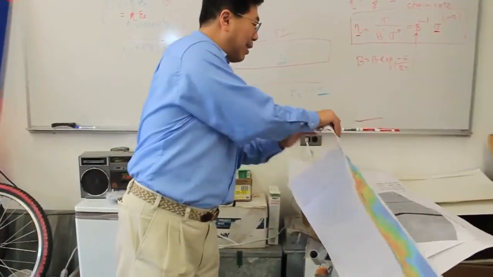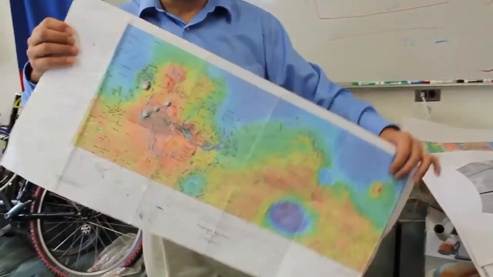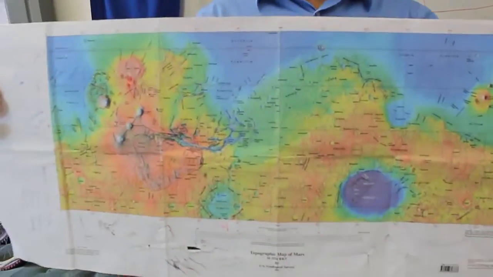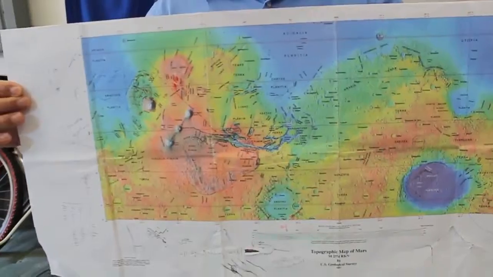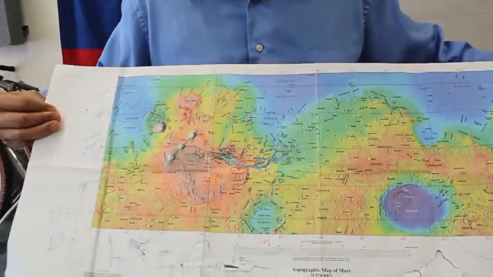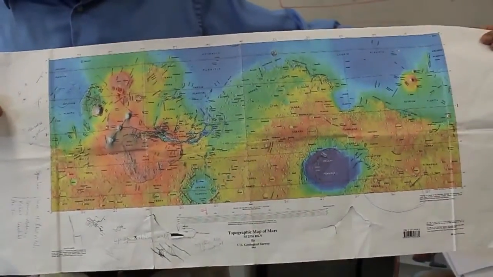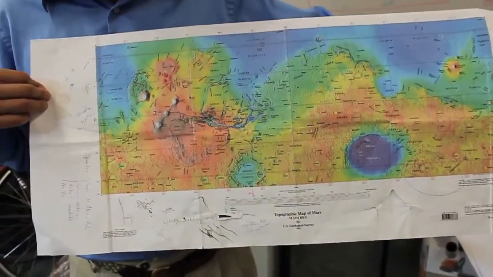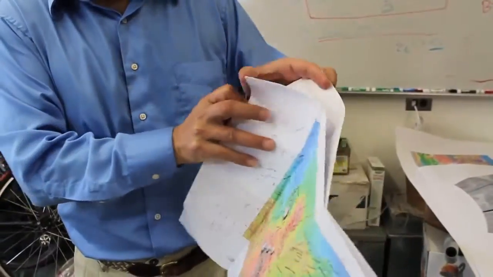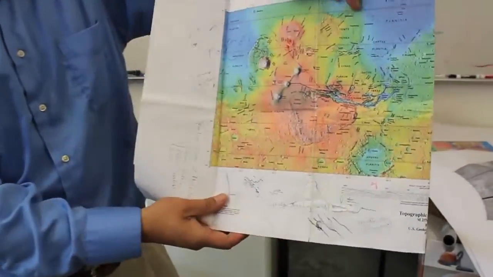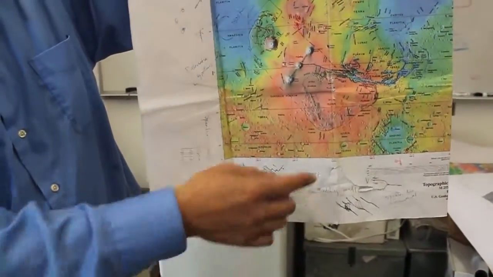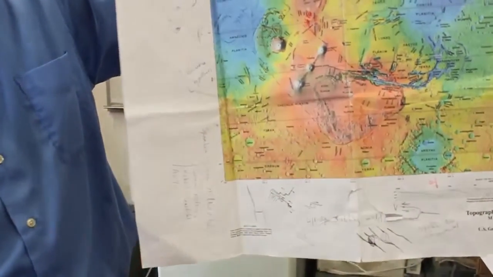We can start with some of the maps. So this is a digital topographic map of Mars. It's battle scarred. You can see many marks on it. So you can see there is sort of prominent topography on Mars. And if I fold this and just look at this area, this is a very well-known area called the Tharsis Rise.